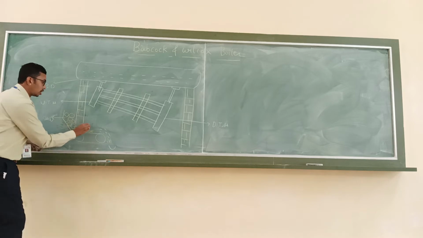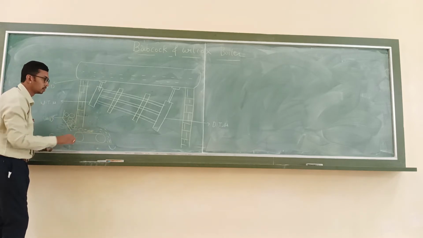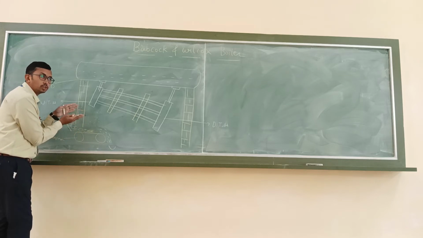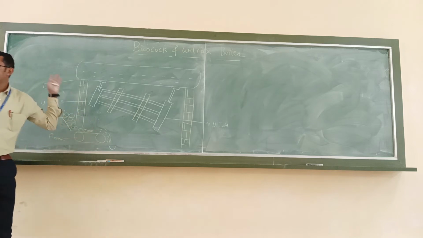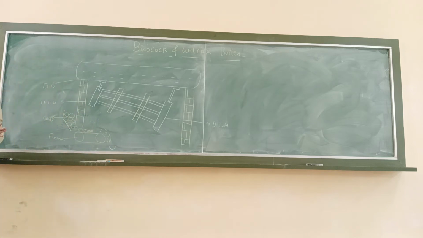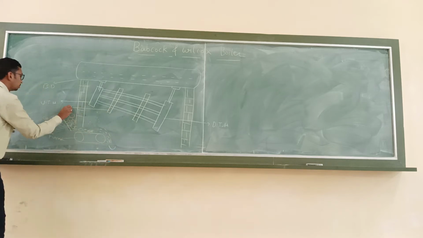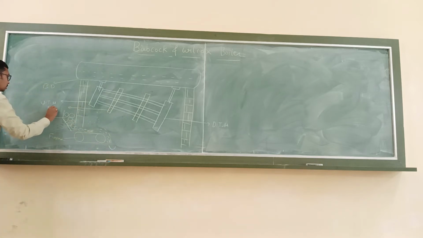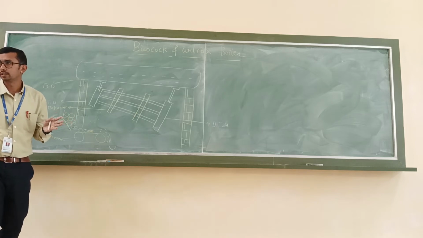Whatever hot gases are generated, if I do not give a proper direction, they will go randomly. Yes or no? So that's why. These are the baffle plates, which are going to give the directions to the hot gases.